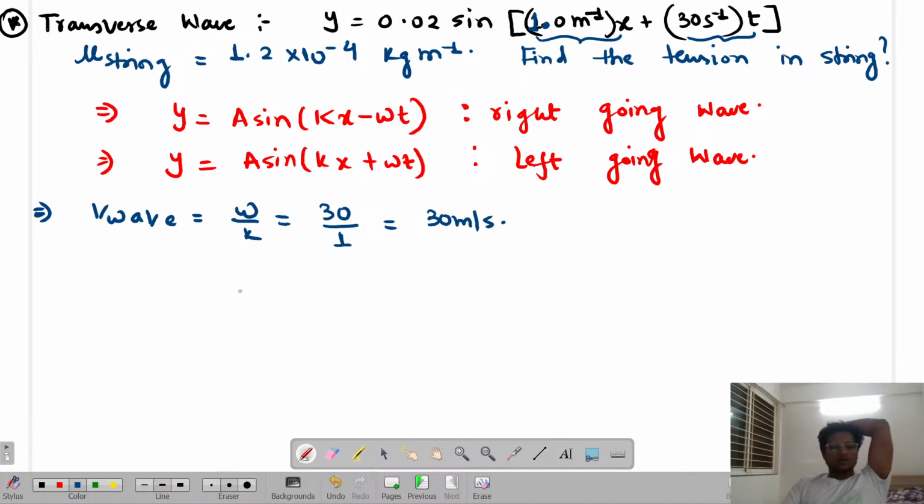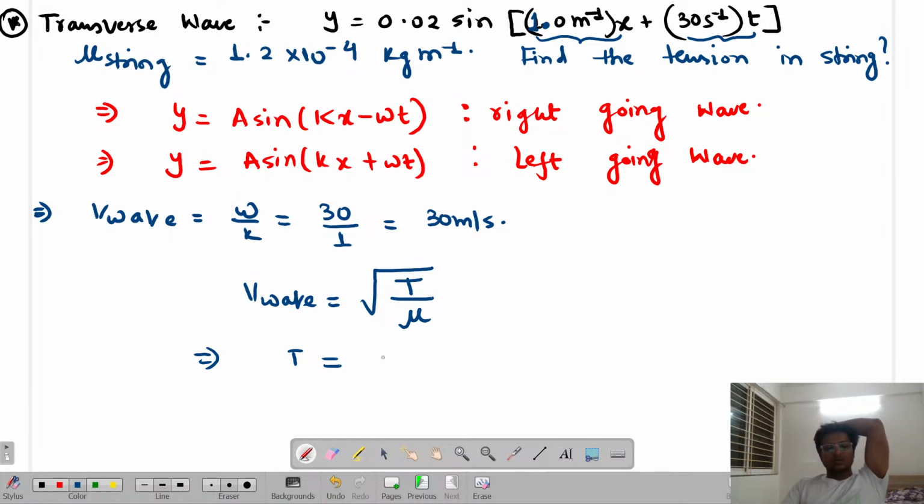And I know that velocity of wave is given as root over T by mu, isn't it? Where T is the tension in the stretched string. It will be a square.